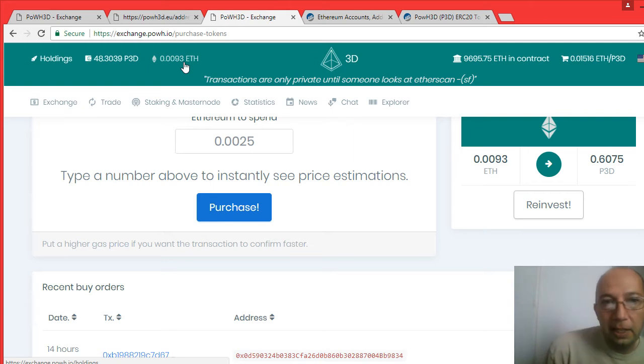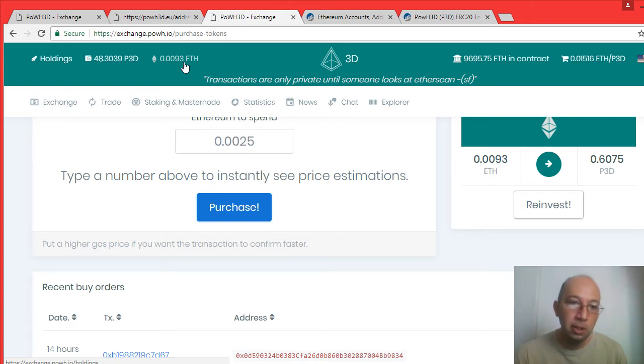If in the next 2 minutes someone uses my master node and buys a huge amount of coin and I get a nice little commission right there, because that reinvest function is still pending, as soon as it hits the chain, it's going to reinvest all of it, because there's no amount that goes into that function input. It's just a reinvest function sent. So you don't have to worry about that.